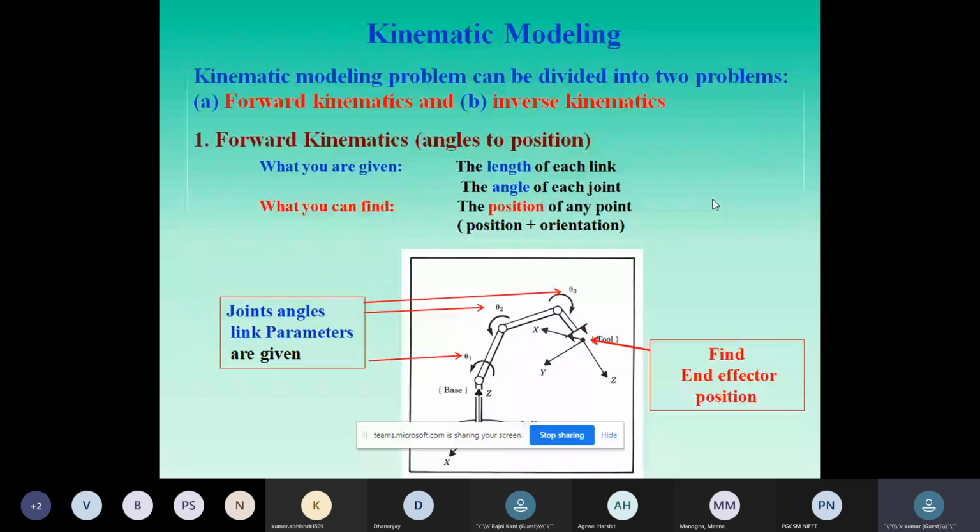Come to kinematic modeling. Kinematic computations are performed in terms of coordinate frames. A frame is attached to each link of the manipulator, and motion is described as a transform from one frame to another by some rotation and translation.